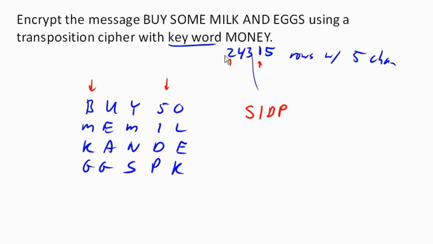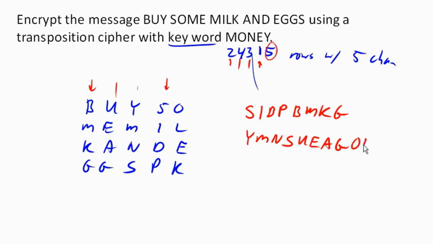So next I'm going to write down BMKG. Next I'm going to write down the middle column, YMNS. Next I'm going to write down this column, so that's UEAG. And then last I'm going to write down the last column, OLEK. So again, I read down the columns, but in the order specified by my keyword.